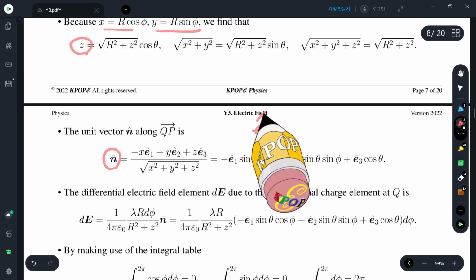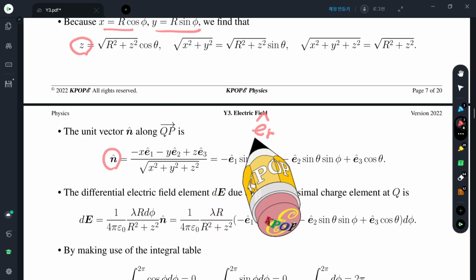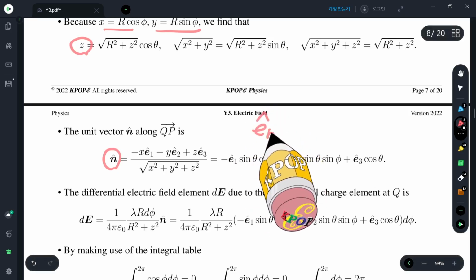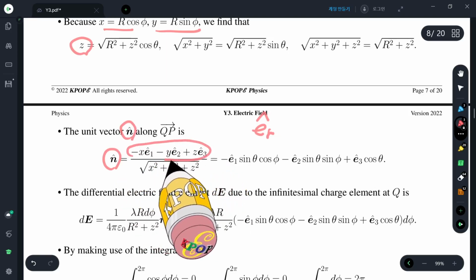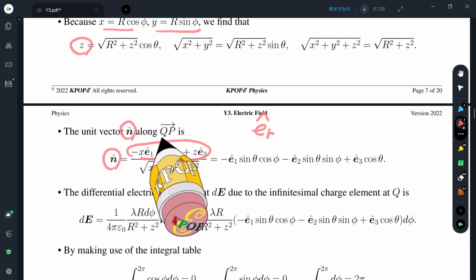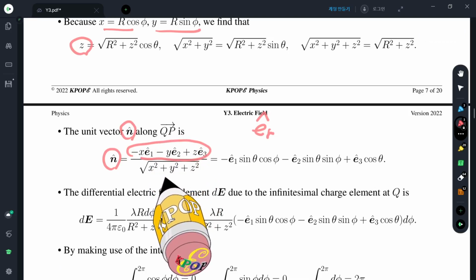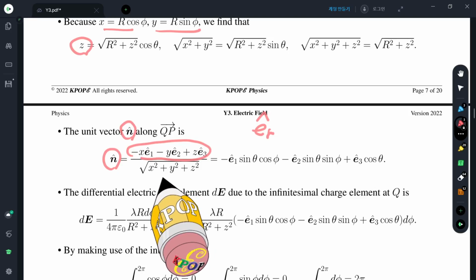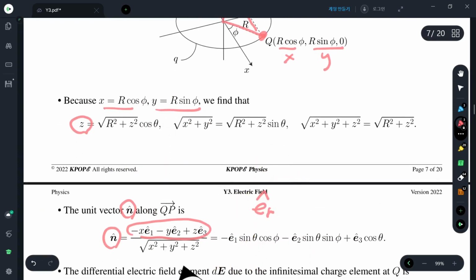Previously, we used e_r hat when the charge is at the origin. In order to distinguish this from e_r hat, we introduce n hat. That is the displacement vector from Q to P divided by its magnitude. Substituting these into this expression, we find that it is simply expressed like that.